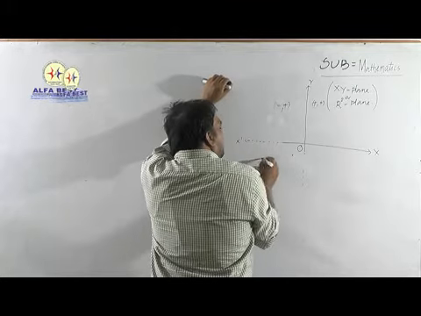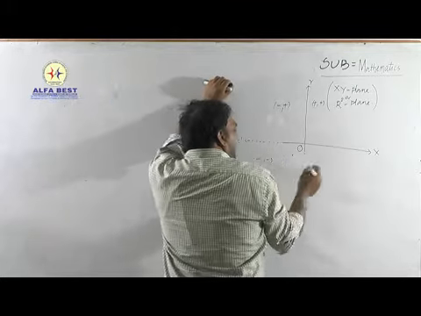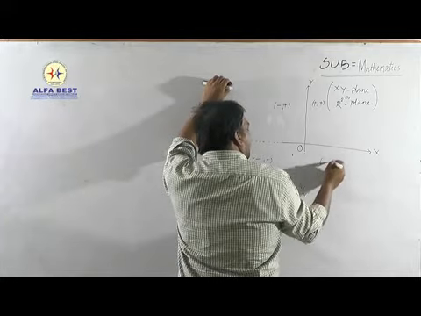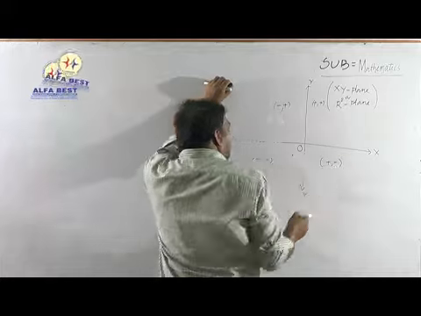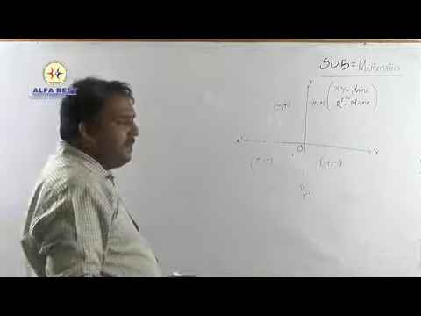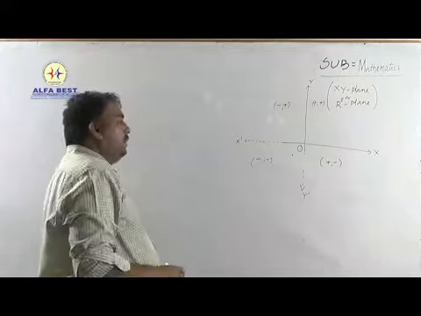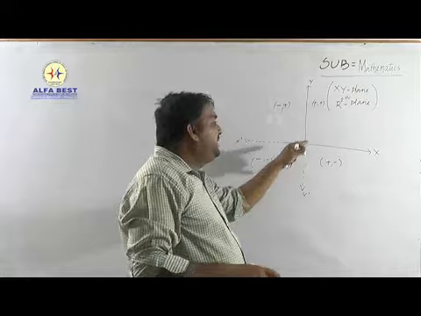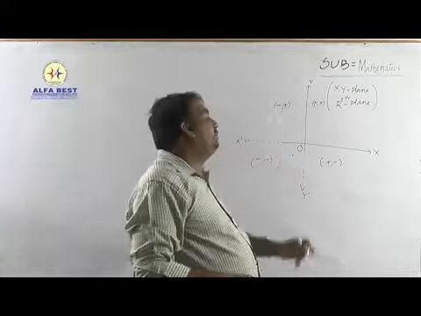This will be minus, and this will be y dash, and this is your plus, minus. Okay, so in case of your x and y value, you will take this xy plane.